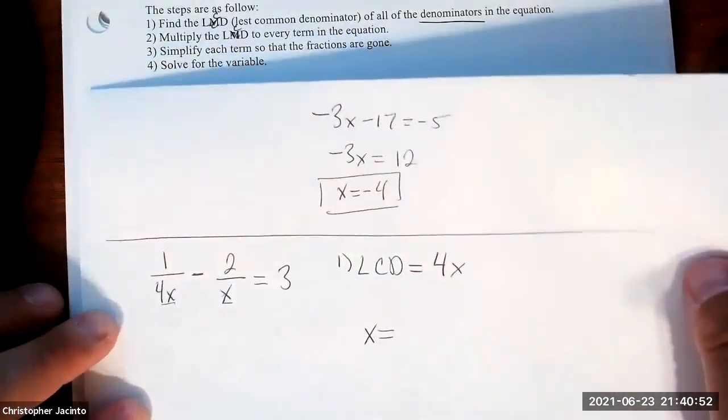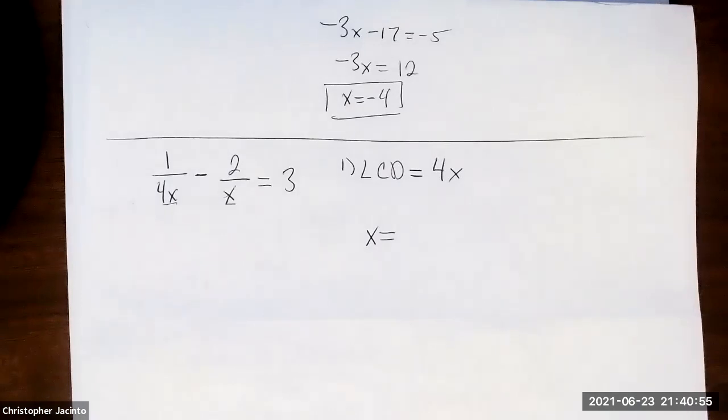All right, so now that you have 4x, go ahead and finish it up. And the first 4 people in the chat that get it will get the extra credit. So what is x equal to if you finish the problem up?